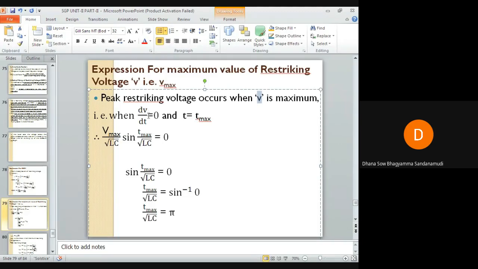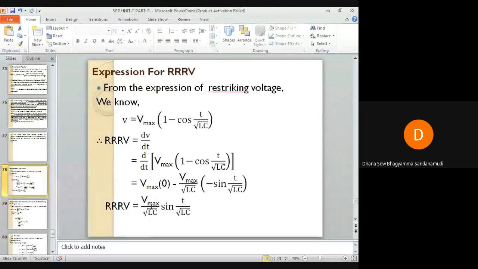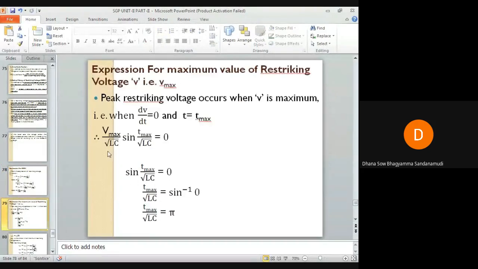So dv by dt equal to 0 and t equal to t max. You have already determined dv by dt in the previous slide, the rate of rise of restriking voltage. Substitute dv by dt, equate it to 0, write t max instead of t, and simplify it.